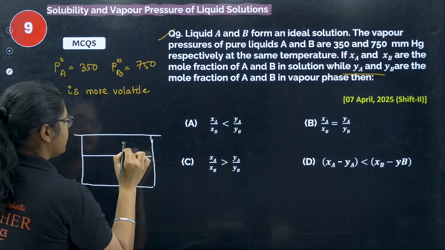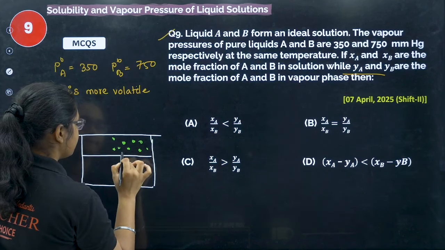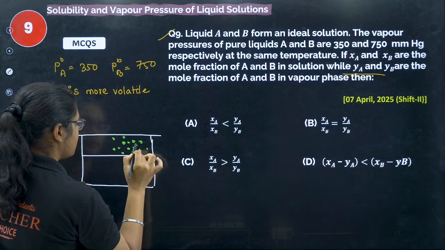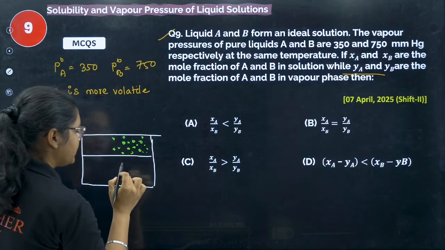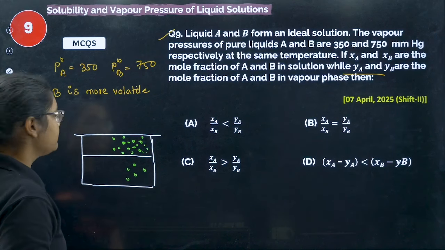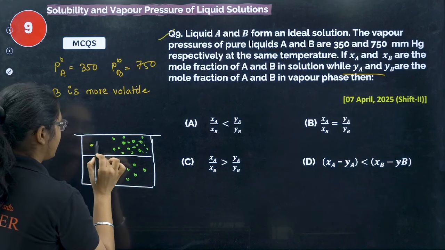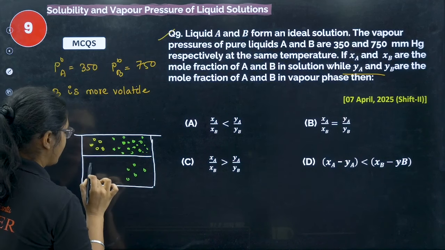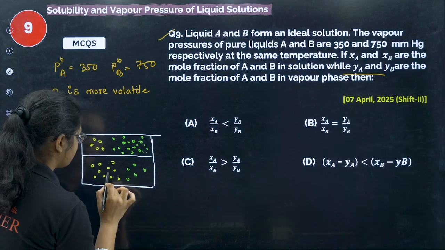I am using green color for B, means more vapors of B will be there. Most of the B has evaporated. So in the solution, less B will be there, right? While A is less volatile, means A will have less vapor and A will have more number of moles in the liquid phase.